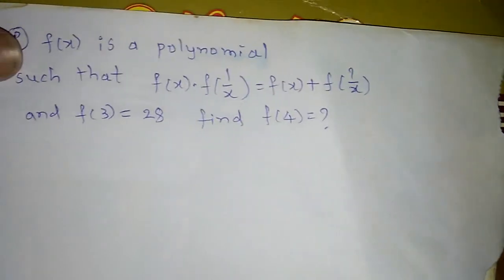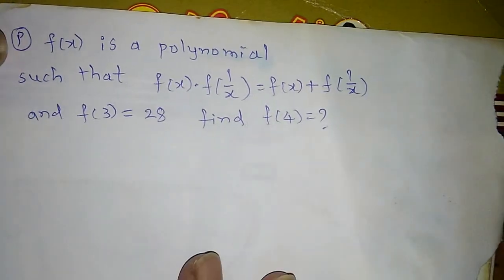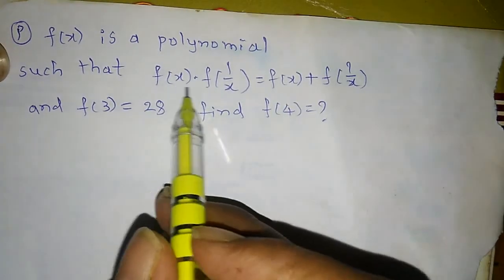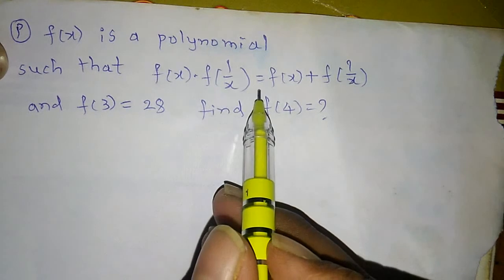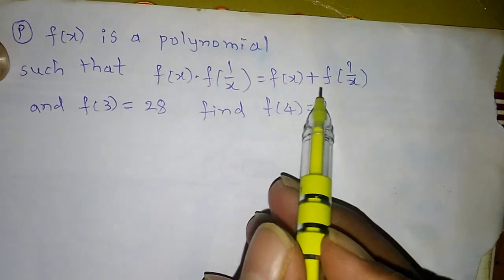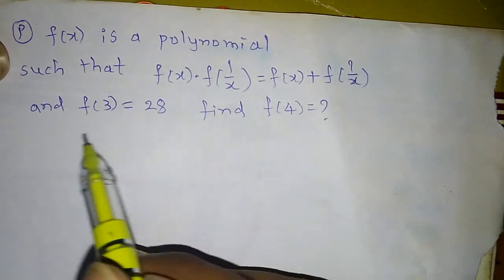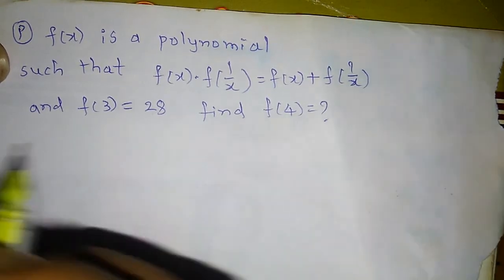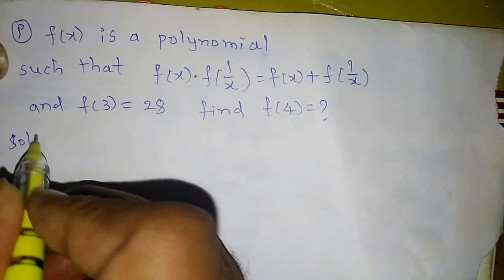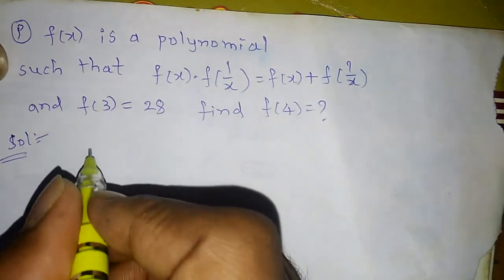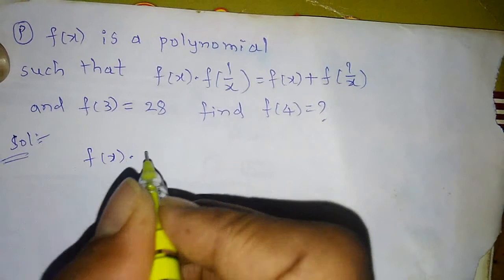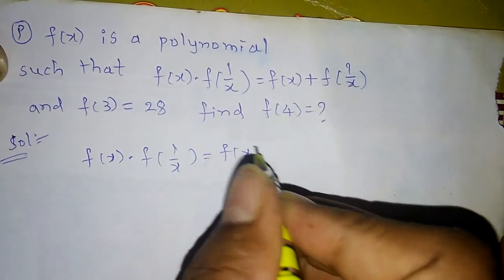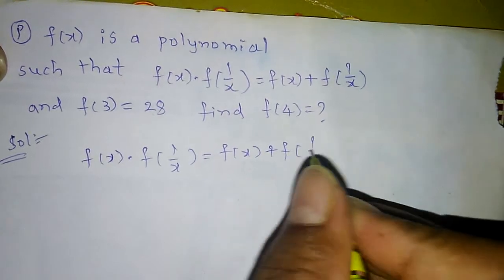So our next problem is, if f of x is a polynomial such that f of x into f of 1 by x is equal to f of x plus f of 1 by x, and f of 3 is given as 28, then find f of 4. Here given f of x into f of 1 by x is equal to f of x plus f of 1 by x.